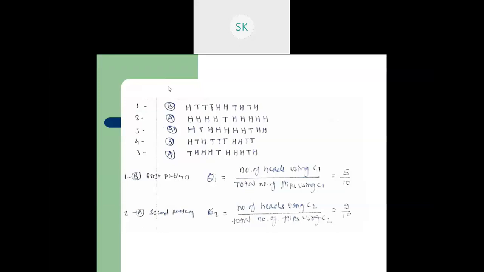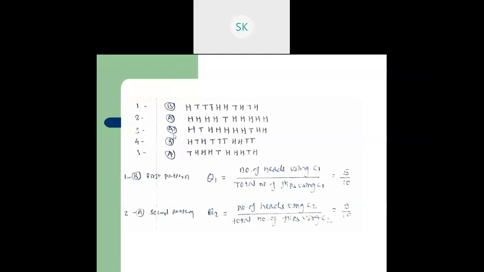For the first pattern, first sequence, first trial, theta 1 is equal to the number of heads using C1 divided by the total number of flips using C1. The denominator, total flips, is 10, and the number of heads is 5 in the first sequence observed. So the probability will be 5 by 10 of getting heads with C1.